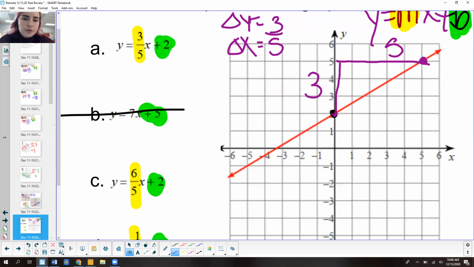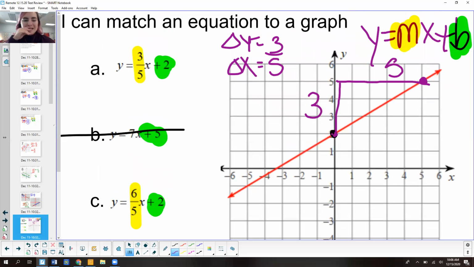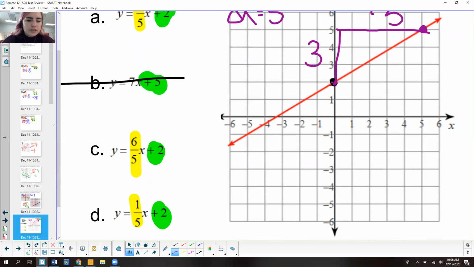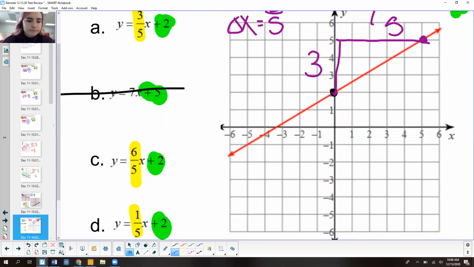Good, 3/5. So I'm looking for a line that has a y-intercept of +2 and a slope of 3/5. So which one, A, C, or D is going to be the right one then?